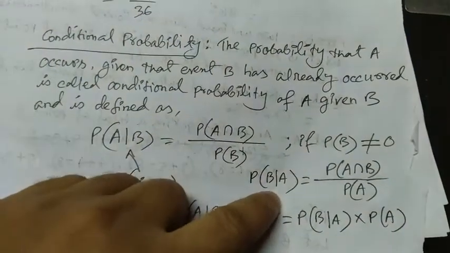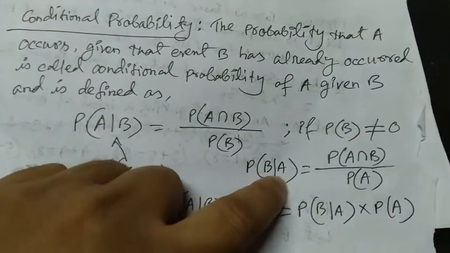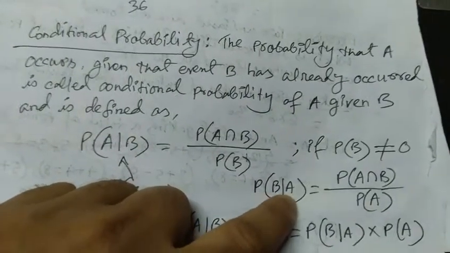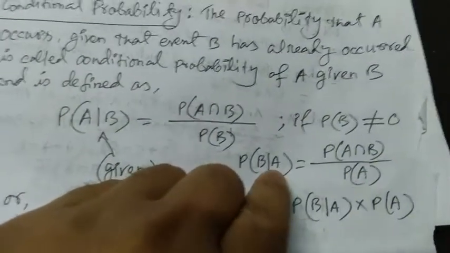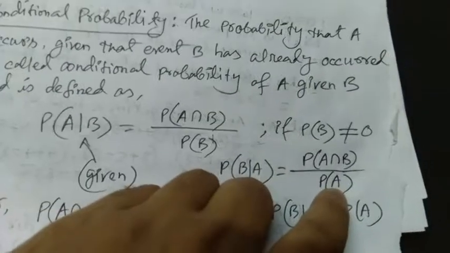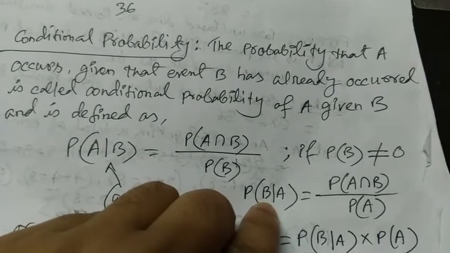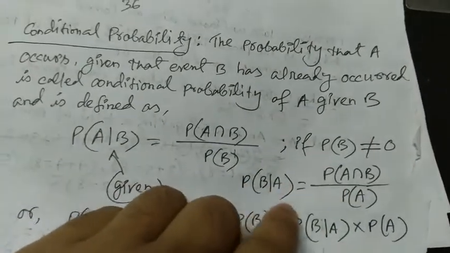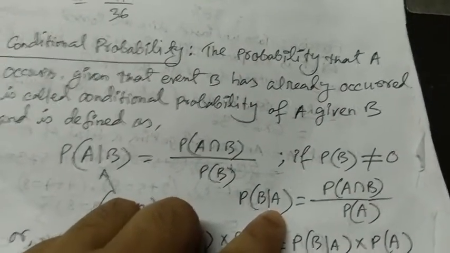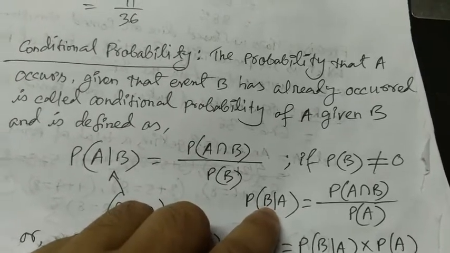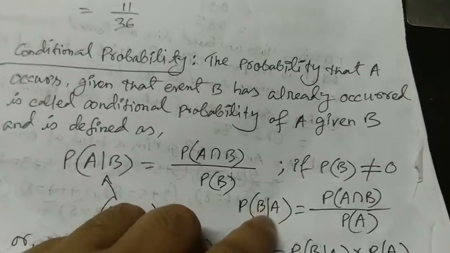So again, if we write the formula in other way, probability of B given A is equal to, as I said before, the given part will be in the denominator. A is the given part here, so it will be in the denominator. And for B given A, we need to find out the intersection between B and A. B intersection A or A intersection B, that means we need to find out the common part between event A and B. It doesn't matter whether we say common part between B and A or A and B, it is always the same.